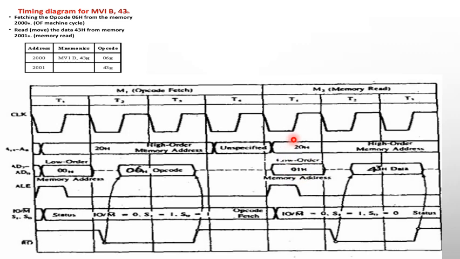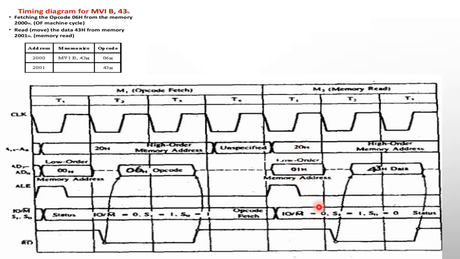Next the duty of the microprocessor is simply to read. Already it has decoded and come to know that the user has instructed to read the immediate data given by the user and move it to the register. So now it will read the data in the address location 2001.